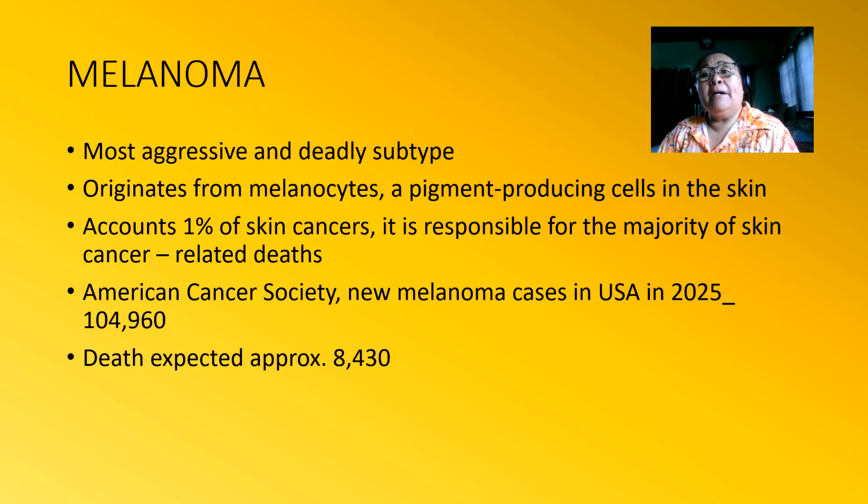Although melanoma accounts for only about 1% of all skin cancer cases, it is responsible for the majority of skin cancer related deaths because it can spread rapidly if not diagnosed and treated early.